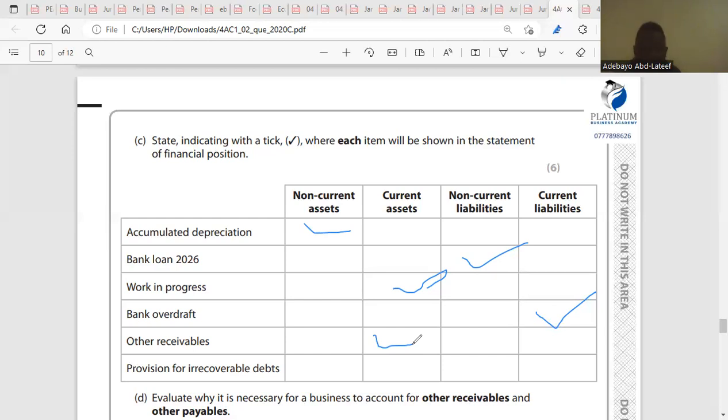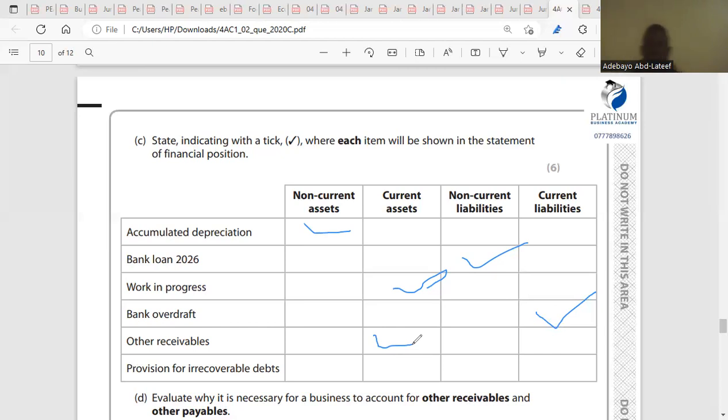But the accounts have to balance. As a result, the business has made provisions for those amounts of money that the customers will not come back to pay. So the provision made is still part of the current assets because it's for the debtors. Is it clear now?